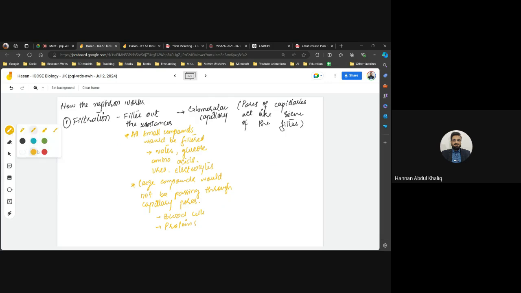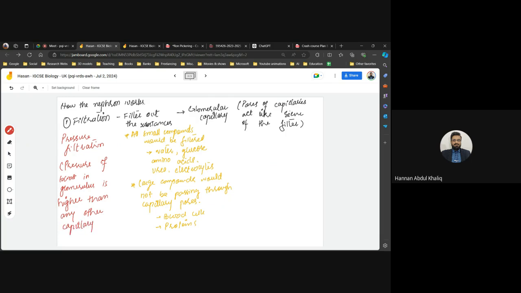And always remember, this filtration is pressure filtration. What is the meaning of it? The pressure of blood in the glomerulus is higher than in any other capillary, which typically means that the pressure would cause the filtration.